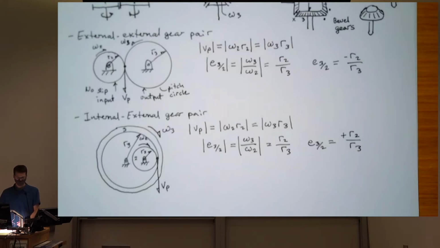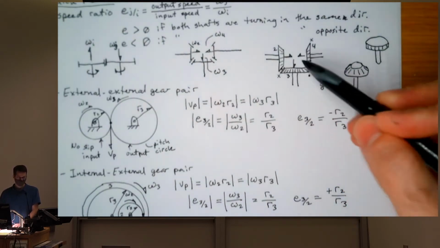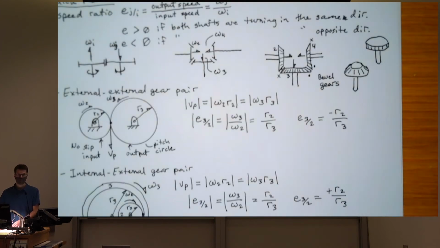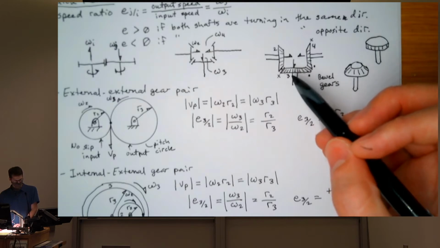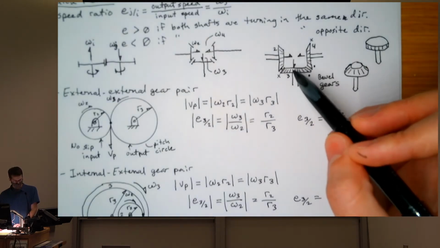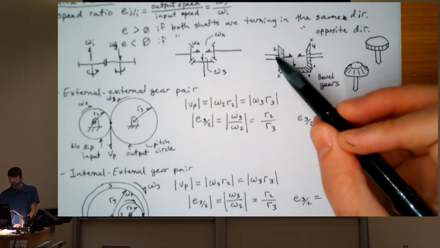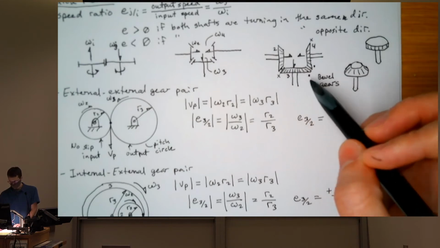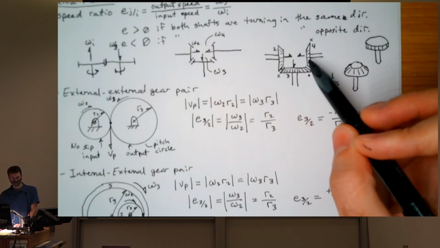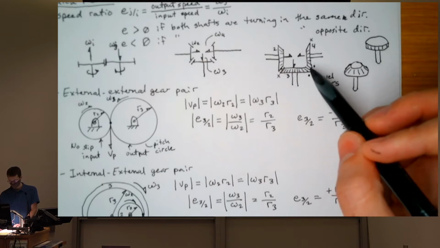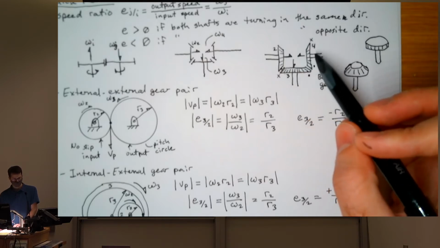But I would recommend for anything where you start to have non-parallel shafts, always do it manually, just in case. Because in this example, you might think, okay, this is an external pair, so it's a negative ratio. This is an external pair, it's a negative ratio. Negative times a negative is a positive, so 2 and 4 must be spinning in the same direction.